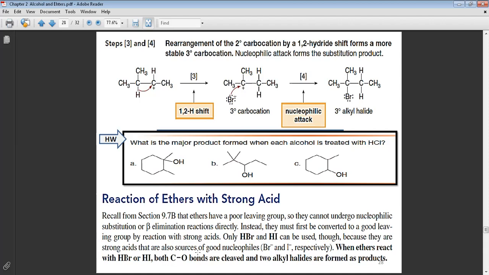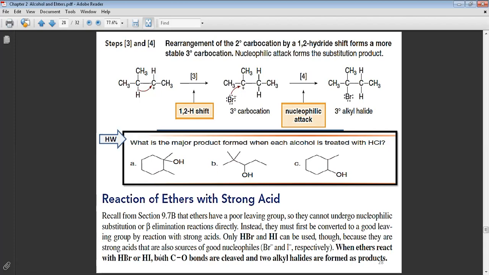When ether reacts with HBr or HI, both carbon-oxygen bonds are cleaved. For every ether, how many carbon-oxygen bonds do we have? The general structure of the ether is R bonded to oxygen bonded to R, meaning we have 2 carbon-oxygen bonds.